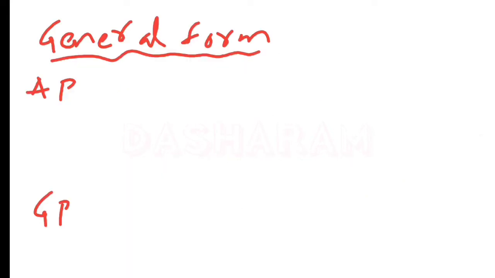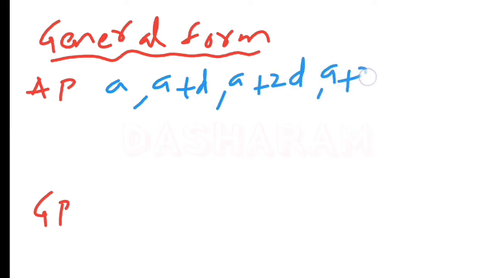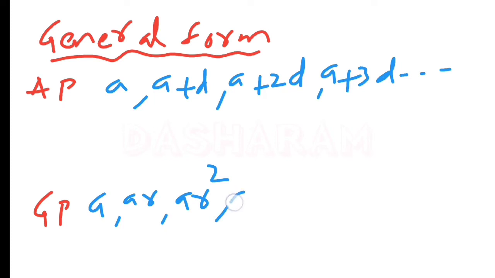Next, coming to the general form. For the general form of AP, a is the first term, a plus d the second term, a plus 2d the third term, a plus 3d the fourth term, and so on. Similarly, in the GP, the first term is a, the second term is ar, the third term is ar square, the fourth term is ar cube, the fifth term is ar to the power of 4, and so on.